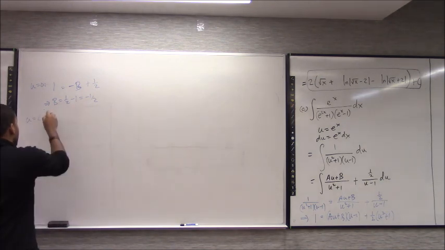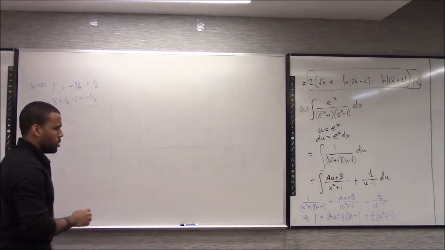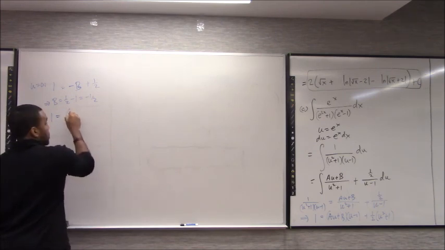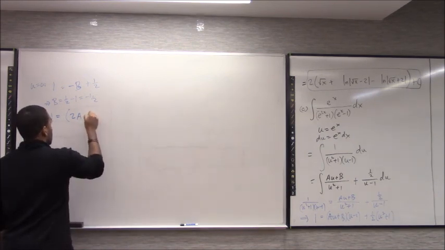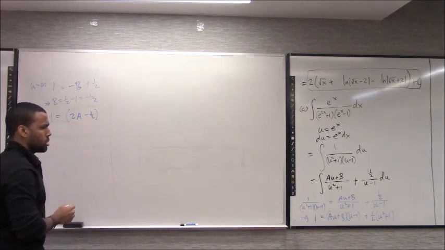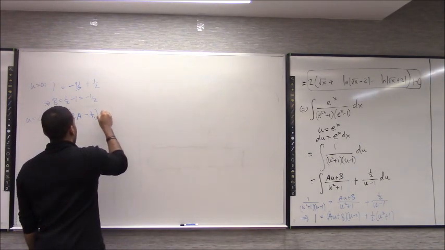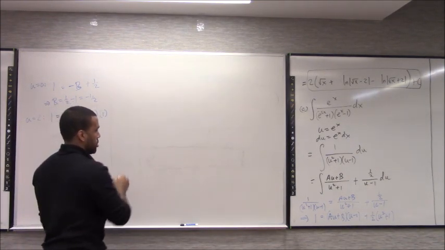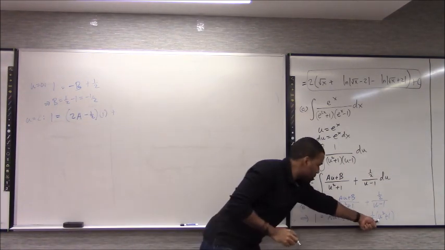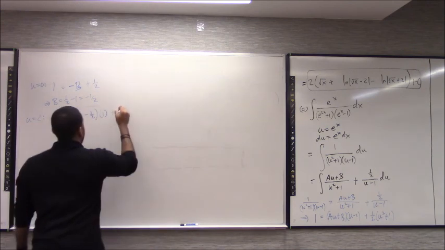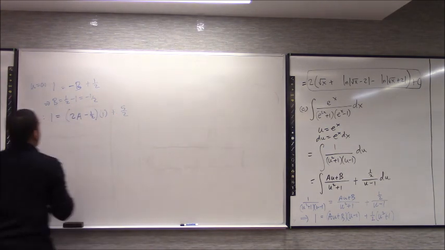So here we'd have 1 equals, if u equals 2, you would have 2a plus b times 1 plus 5 over 2.